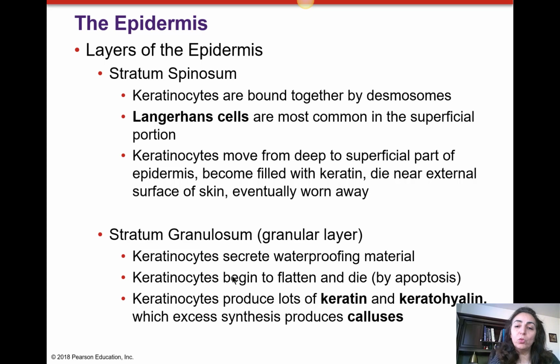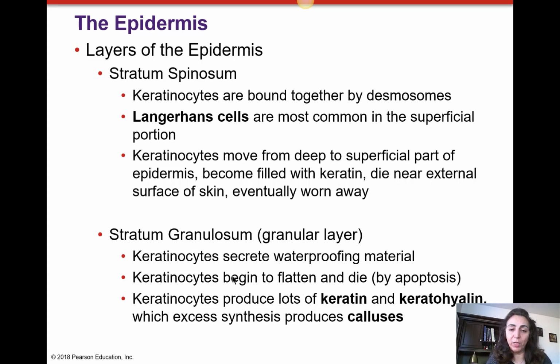Keratinocytes move from the deep to the superficial part of the epidermis and become filled with keratin, and near the external surface of the skin they are eventually worn away. That's the process we call keratinization. Keratinocytes start dividing at the basal cells, and that's the part that makes the skin grow and renew, right?